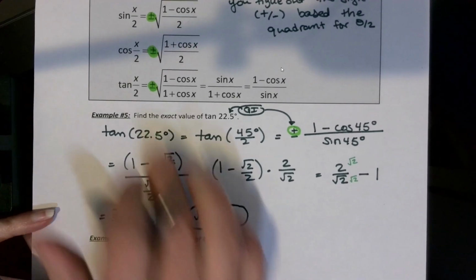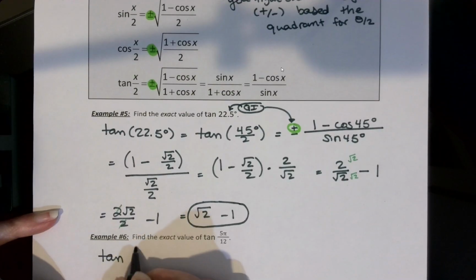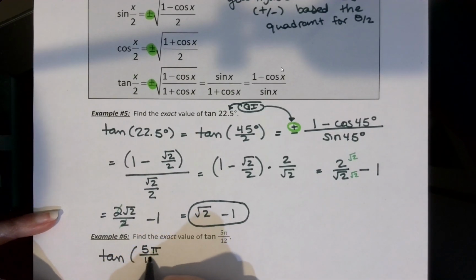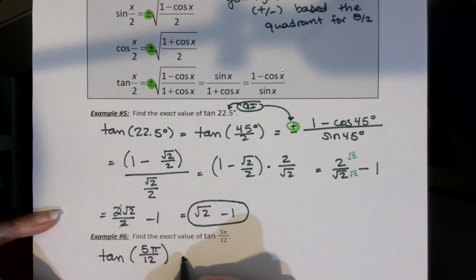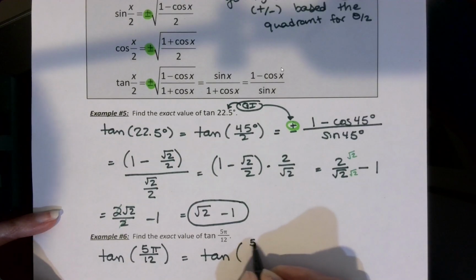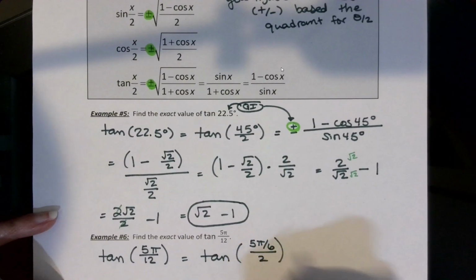So we're going to do this one in terms of a half angle identity here. We're going to find that there are going to be some angles like this one that are both sums and halves of things. We can use multiple ways. This one is 5 pi sixths divided by 2.